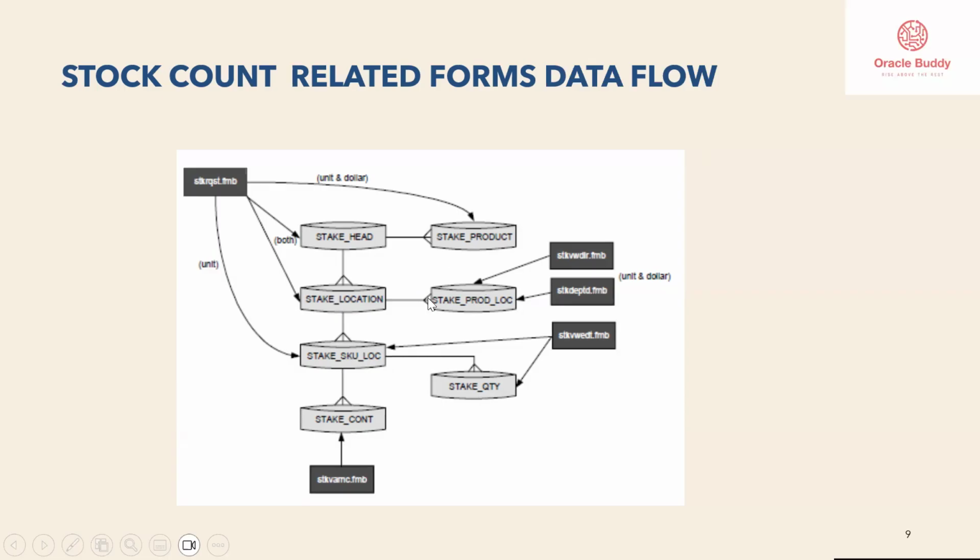Tables like stake prologue will be updated by stkvwdollar.fmb and stkdepartmentd.fmb for unit and dollars. So all these tables, like stake head, stake product, stake location, stake prologue, stake sku log, stake quantities, and stake cont, are updated via the stock count related forms when we set up the Oracle stock count.